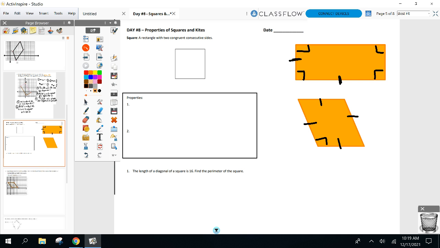congruent. Now notice I only have 2 properties up there, but did you remember where the square was on the family tree? Where was it underneath? Parallelogram, rhombus, and rectangle. So instead of listing out all those properties, because the square has every single property we've talked about in this class since the beginning of the unit, the square has every single one. So just to make it easy, the 2 properties are all rectangle properties and all rhombus properties.